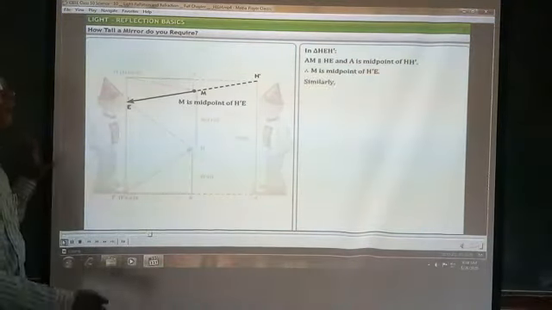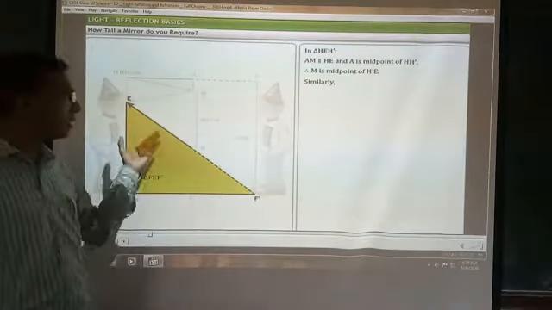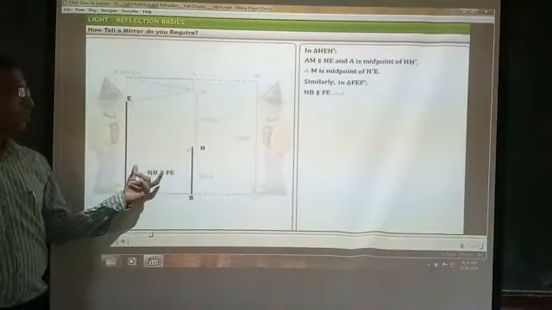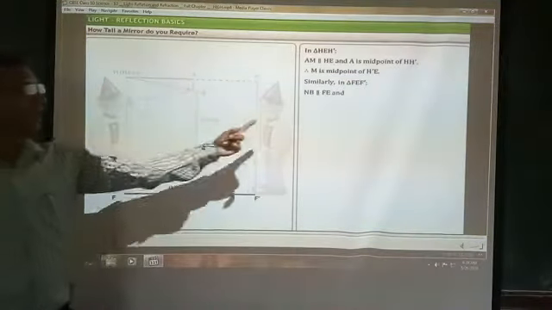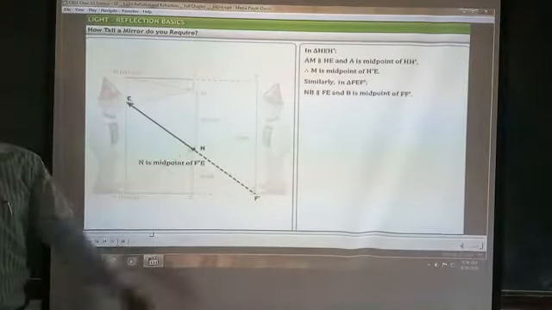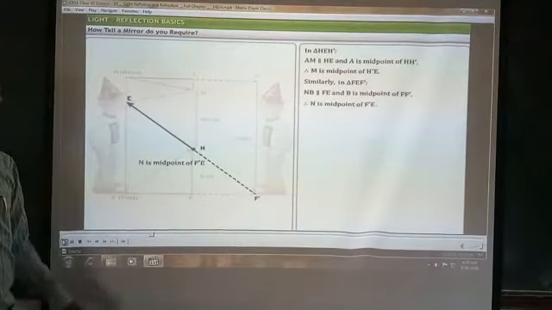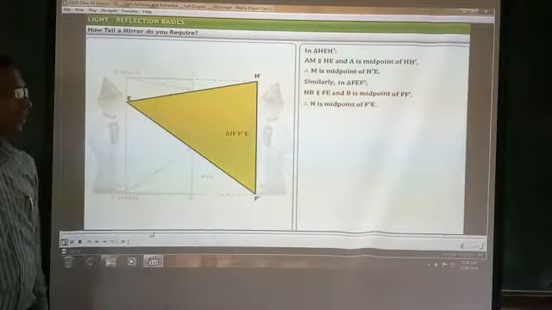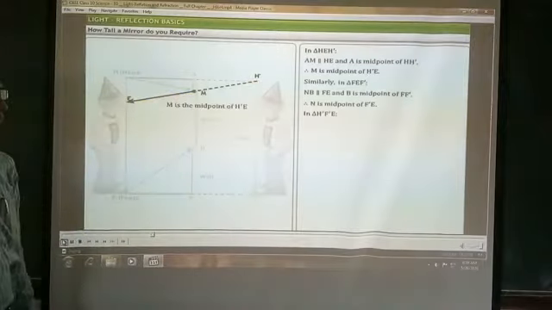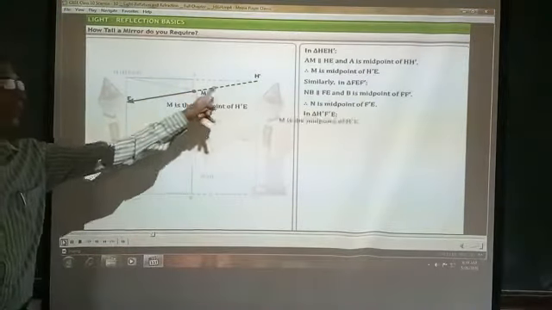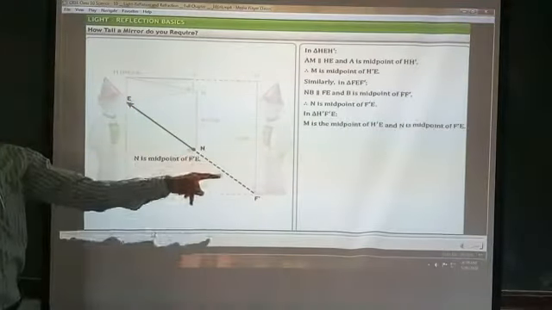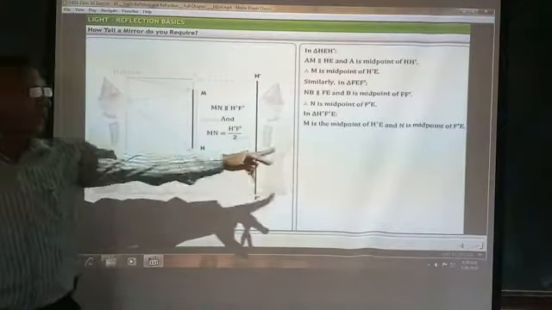So M is the midpoint of H'E. Similarly, in another triangle FEF', NB is parallel to EF, and B is the midpoint of FF'. So N is the midpoint of F'E. And considering another triangle, H'F'E, M is the midpoint of H'E and N is the midpoint of F'E.